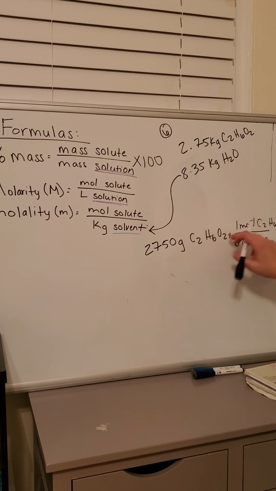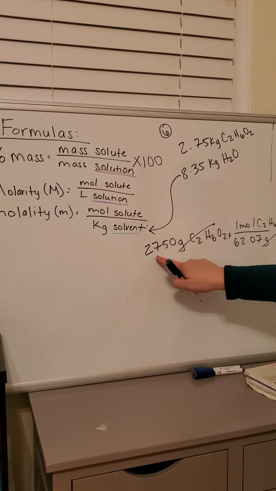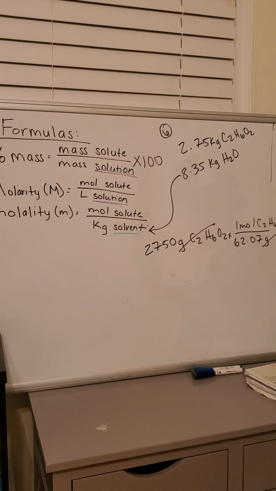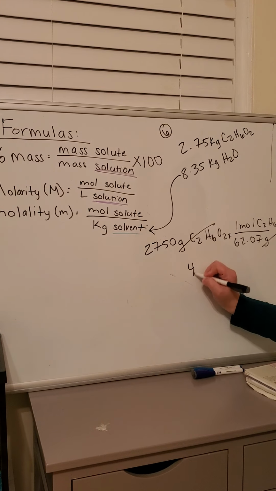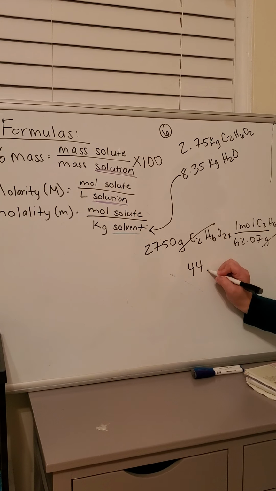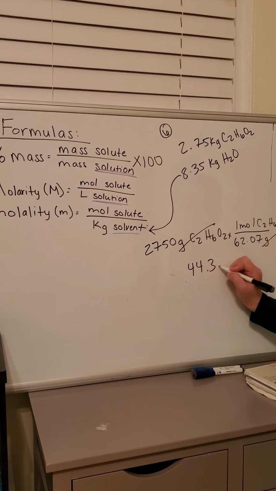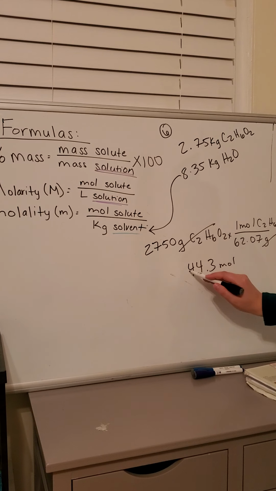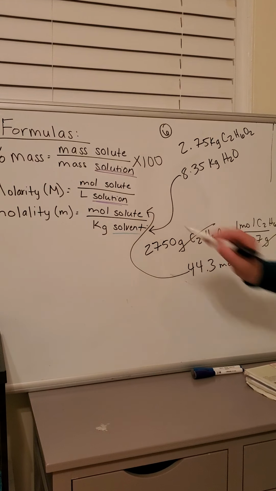And then from grams to moles, we do the molar mass. So we're dividing 2750 by 62.07, and we're going to get 44.3 moles. This is the number that will go in our numerator.